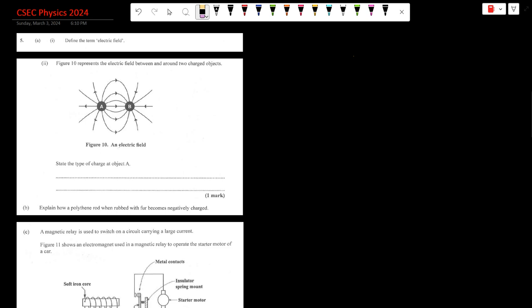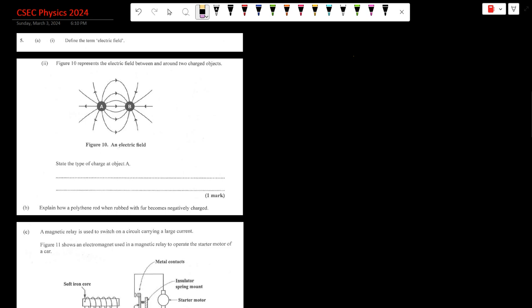We can say that an electric field is a region of space around a charged particle or object in which another charged particle or object experiences, or feels, a force.